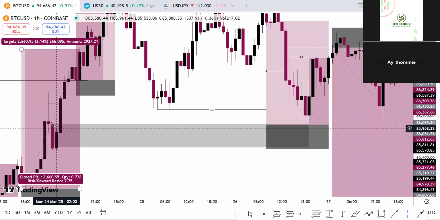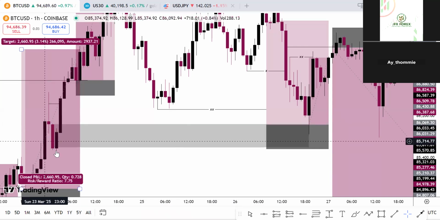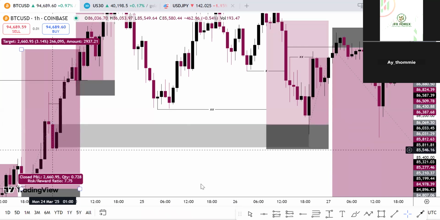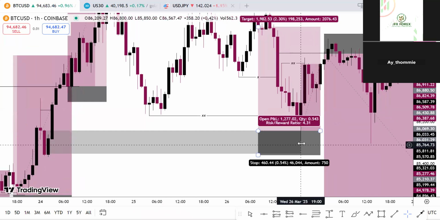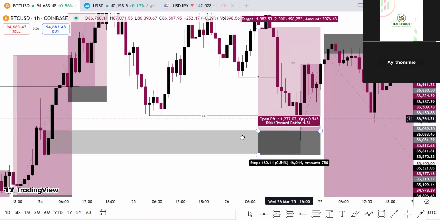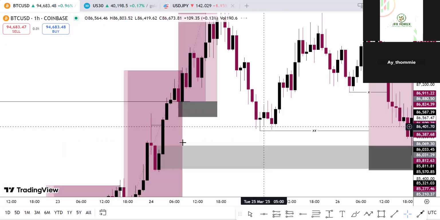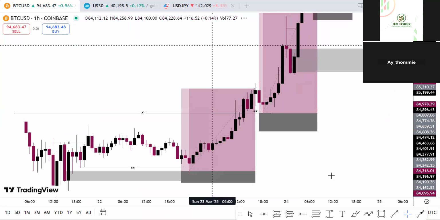You see, I marked the whole body candle from head to toe. And you see, that's the same way the market will actually tap and move. Are you getting it?